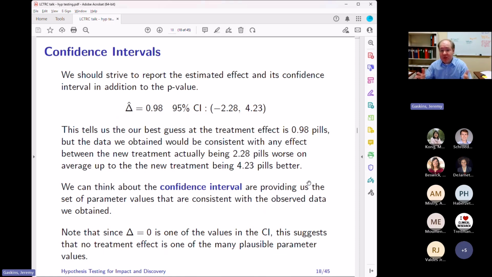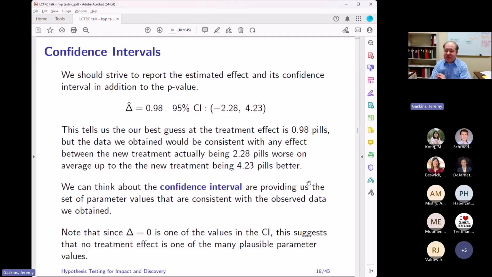So, in our opioid example, what does this look like? My estimated treatment effect here was 0.98 pills. And my 95% confidence interval is negative 2.28 up through positive 4.23, right?